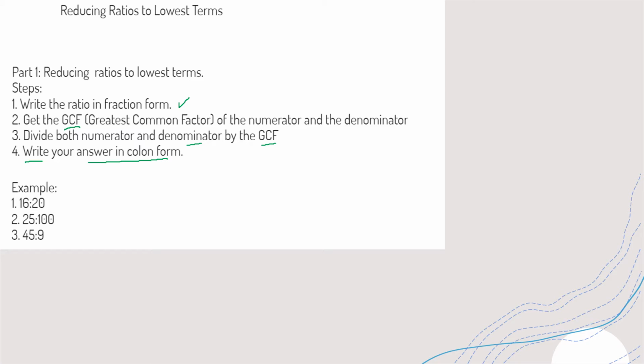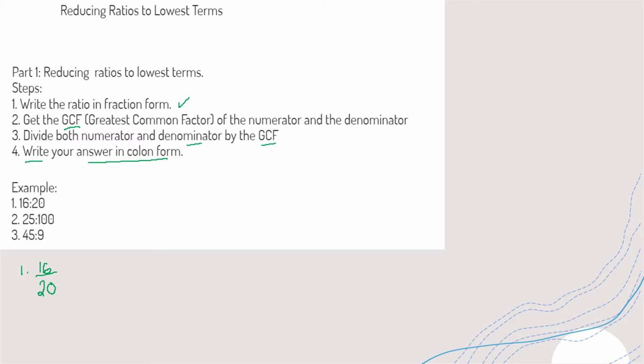So let's take the first ratio, which is 16 is to 20. According to the steps, first, we write the ratio in fraction form. We put 16 as the numerator and 20 as the denominator. For the second step, we get the GCF of the numerator and the denominator.